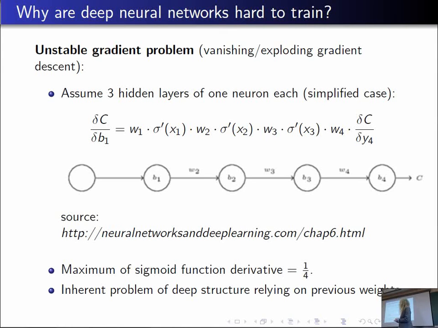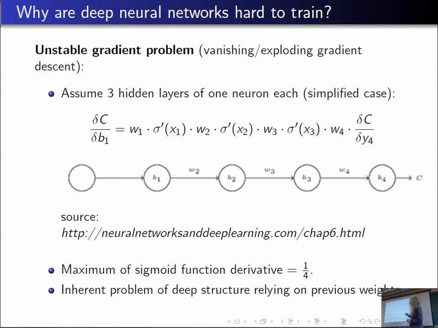As you can see here, if we start with a sigmoid function, the sigma can be a sigmoid function, you have the maximum of the derivative, that is 1 out of 4. That means that if you apply backward propagation and you end up with that kind of function for a very, very basic network, composed like that, with only 1 neuron for each layer. It's very basic, but it's just to have the intuition.